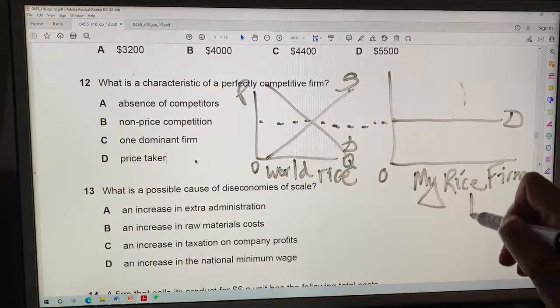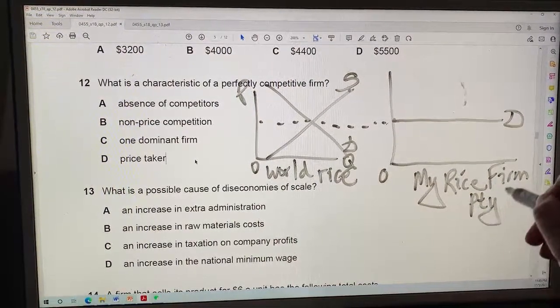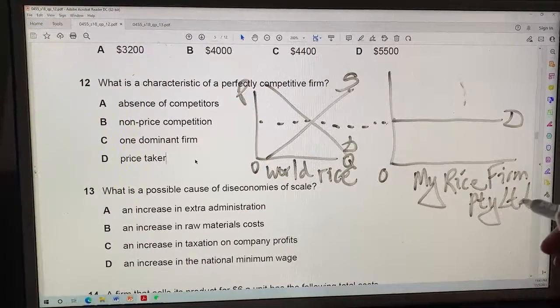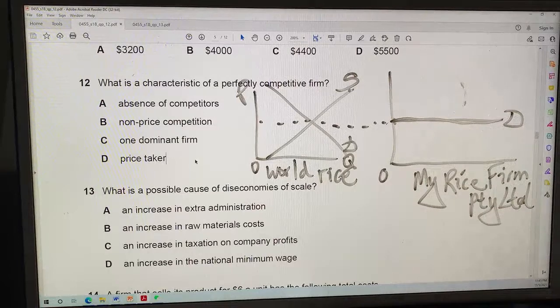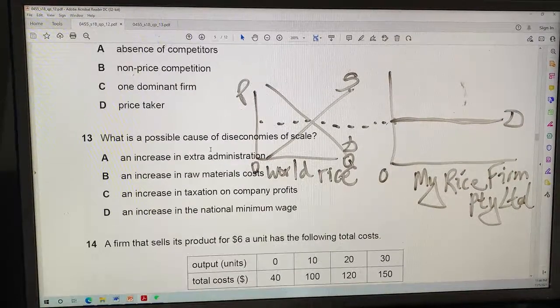So in perfect competition, you're a price taker because your demand curve is perfectly elastic. So price taker for question 12.